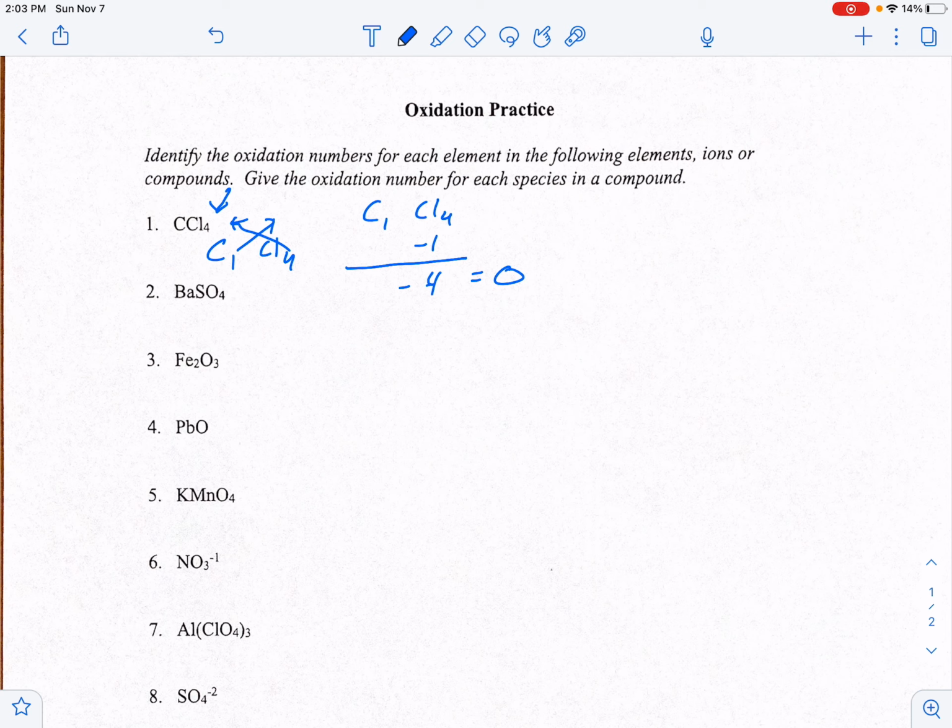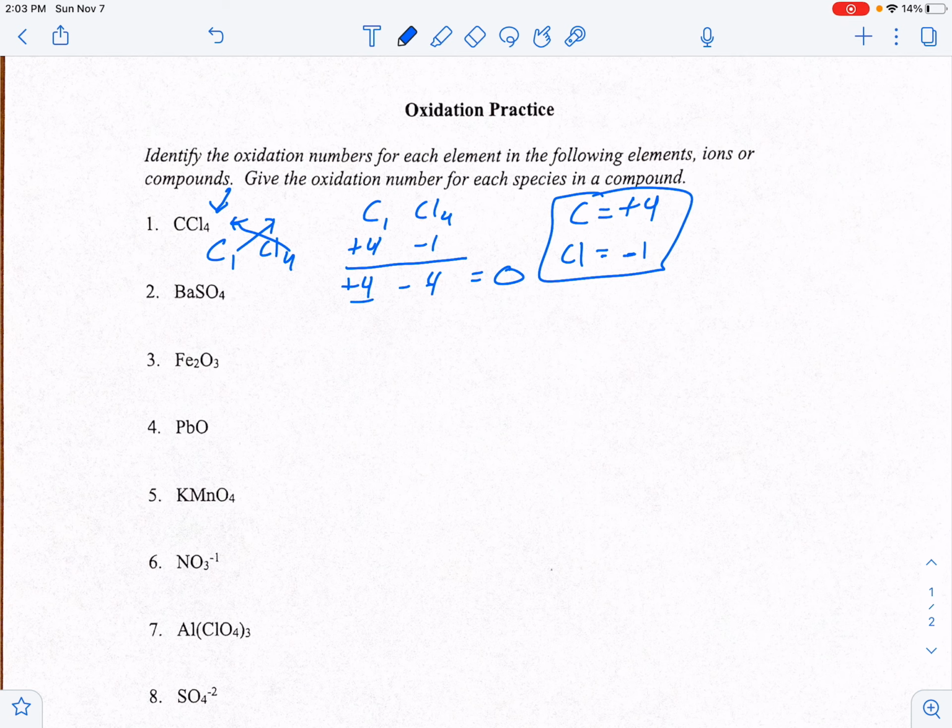If you wanted to make sure what carbon was, you would know -4 plus what gives me 0? That would be +4. And since I only have 1 carbon, each carbon would have a charge of +4. So my answer would be C equals +4, and then chlorine would be -1. So that would be my answer for number 1.